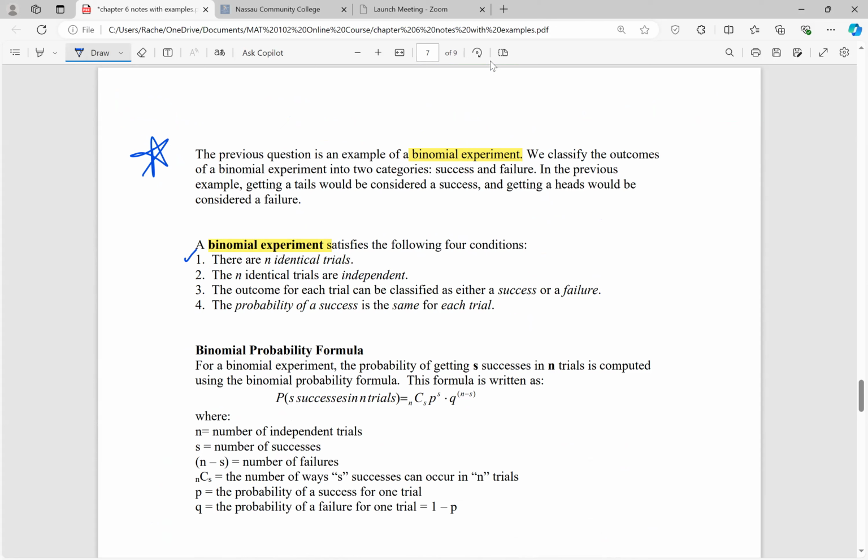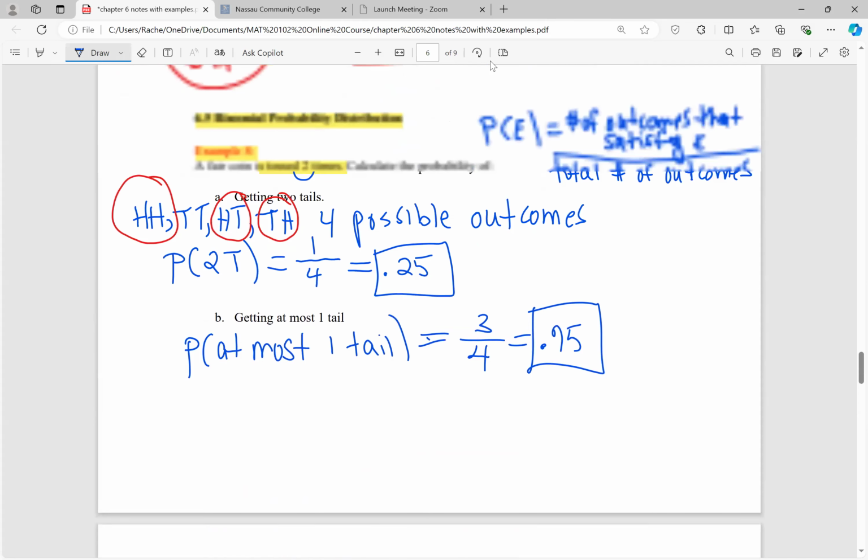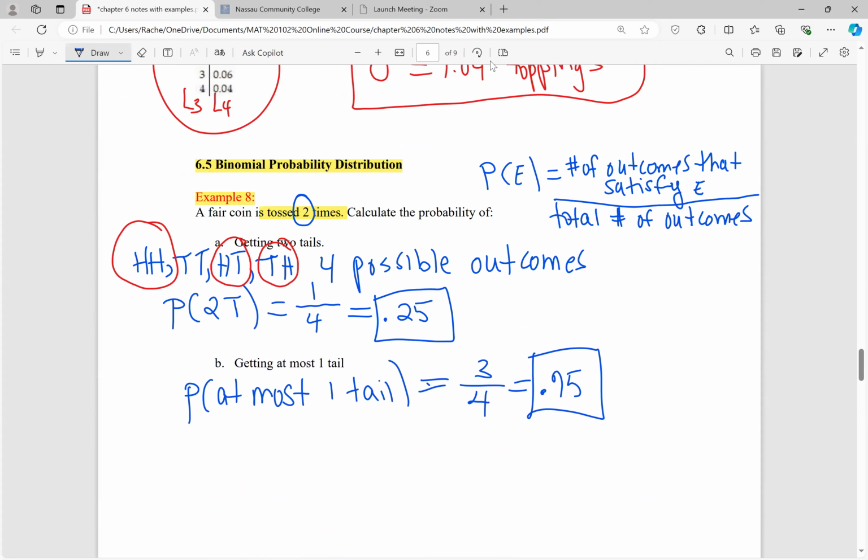And specifically, the n identical trials have to be independent. What I mean by that is that the outcome of one trial is not going to be affected by the outcome of another trial. So for example, when we flip a coin 2 times, the outcome on the second flip does not depend at all on the outcome of the first flip.